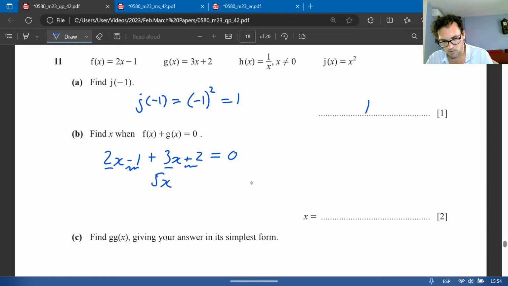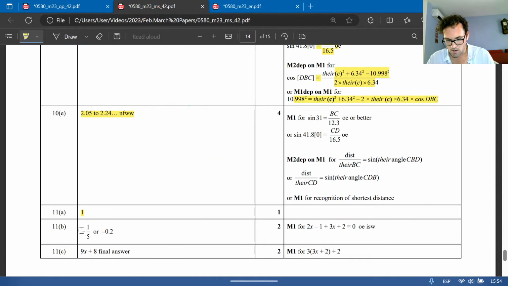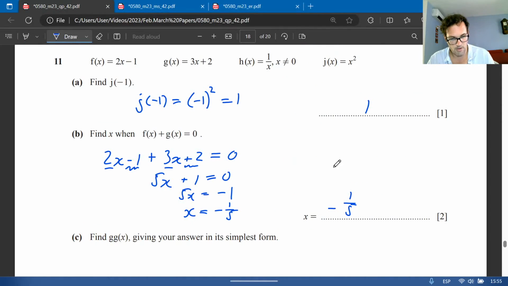Minus 1 plus 2, or 2 minus 1, gives us 1. Now we just need to solve. Subtract 1 from both sides, the 1 on the other side becomes negative, and then we divide by 5. And that's it, negative 1 over 5, right? You've got the minus at the top, doesn't matter, okay? Or the minus at the bottom, or the minus in front, or as a decimal, they're all correct.